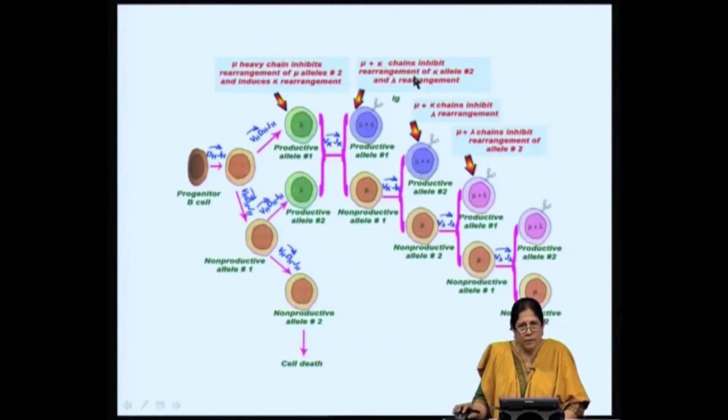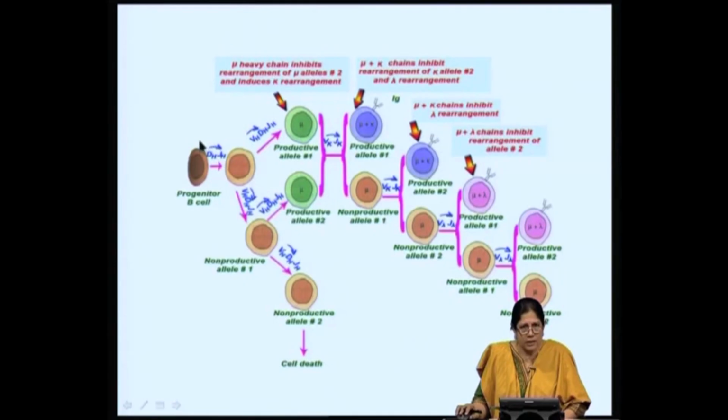If you remember the ontogeny of the B cells from my first lecture, you have the progenitor B cell, which is already committed to become a B cell and already starts expressing RAG1 and 2. At the level where these progenitor cells come in contact with the stromal cells, they start proliferation because of the interaction between interleukin 7 and interleukin 7 receptor.